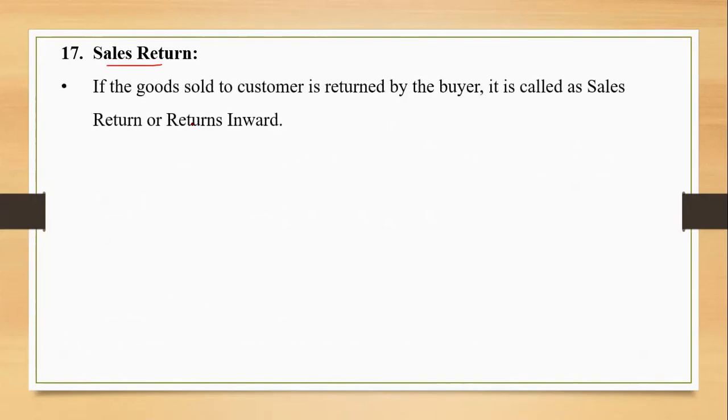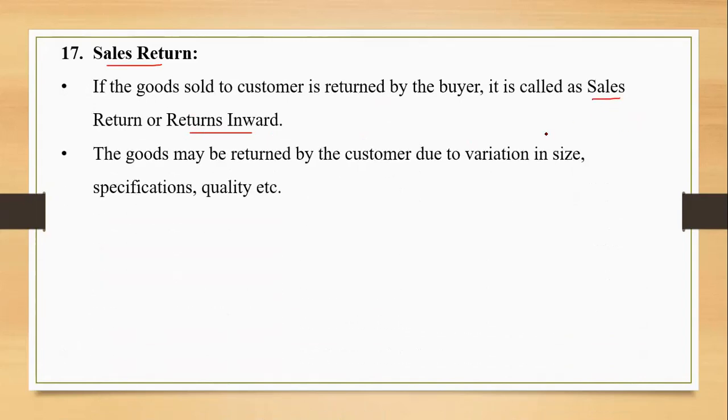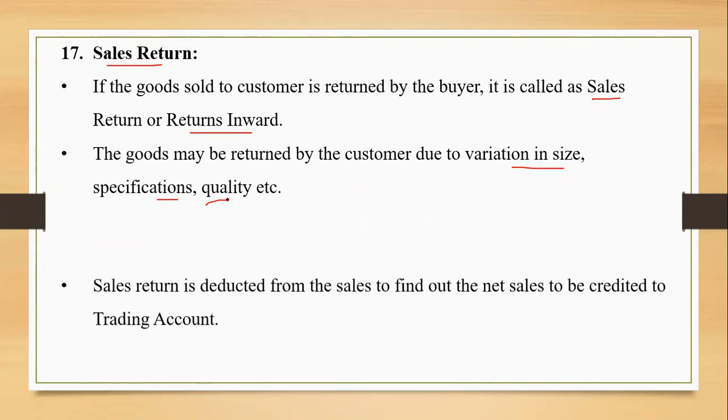So due to one or the other reason, the goods returned back by the customer to the business entity, we are going to write as sales return. Sales return is also termed as return inward. The reasons for return of the goods can be a variation in size, specifications, quality, any reason.